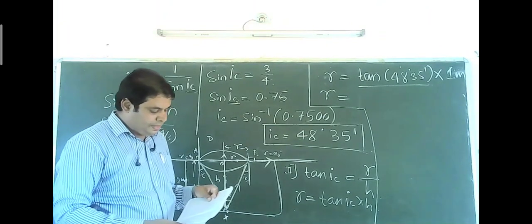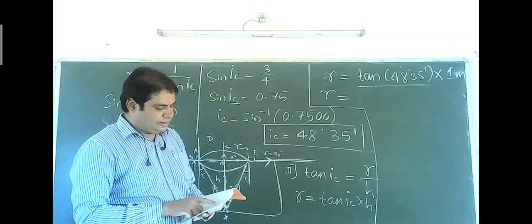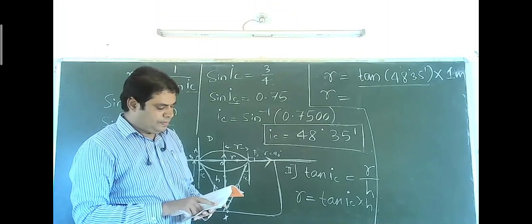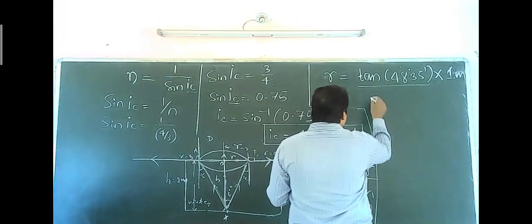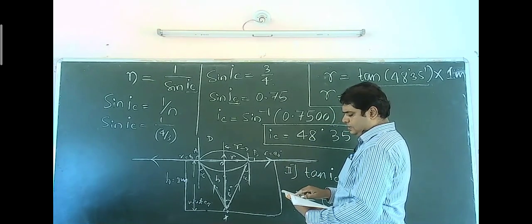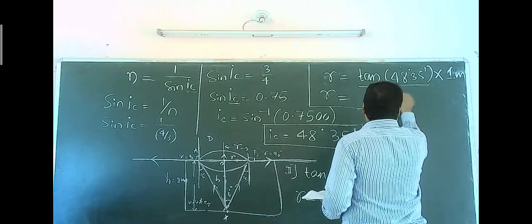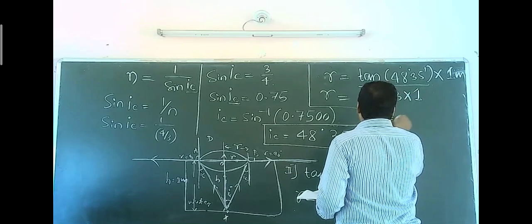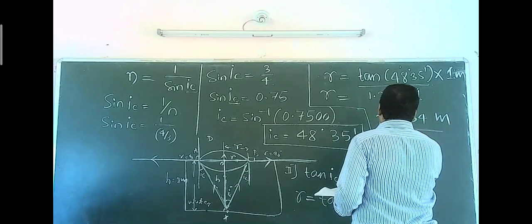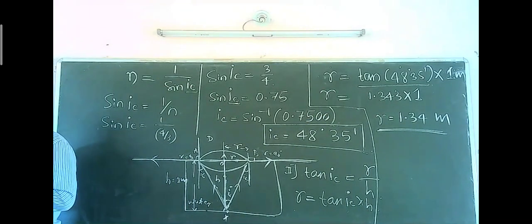It is 1.343. 1.343 into 1. R is equal to 1.34 meter in SI. Okay?